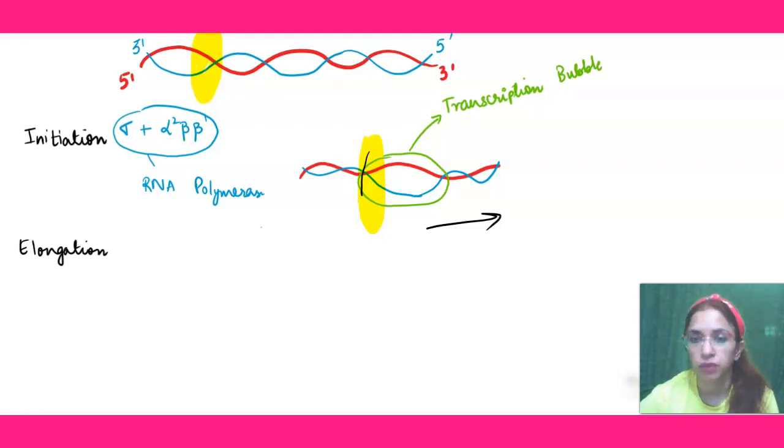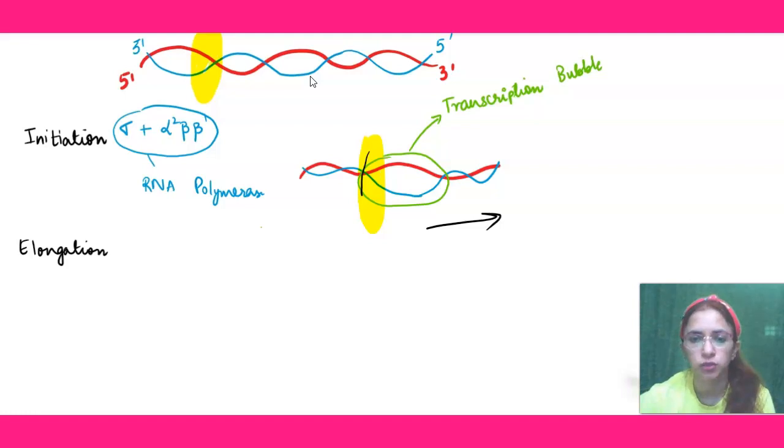The template strand. So in the elongation process, RNA polymerase will move towards the downstream region. And it will pick up the nucleotides from the nucleus only, because this process is happening in the nucleus. So the site of transcription is the nucleus only, right?